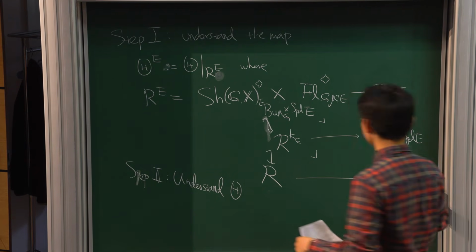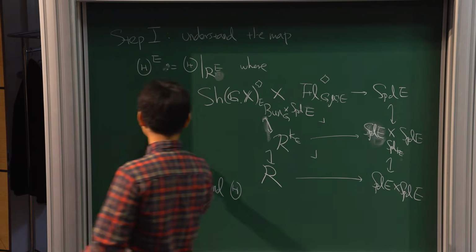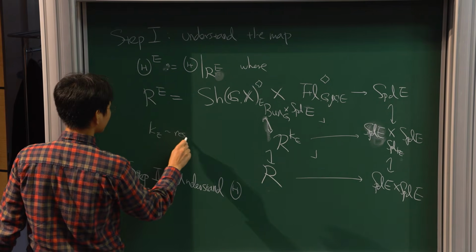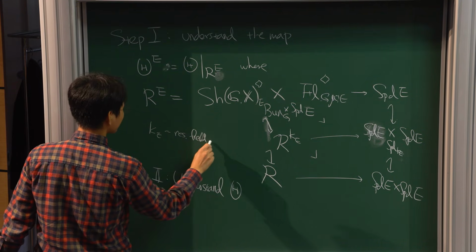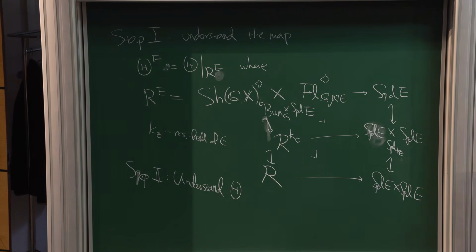Oh, here, this is k_E, the residue field of E. So this is like a connected component inside E times E. Yeah. Okay.